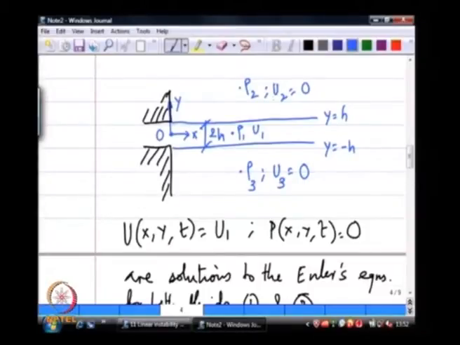In fluid 2, as y tends to plus infinity, the pressure field has to vanish. In fluid 3, which is below the liquid sheet, I insist that as y tends to minus infinity, the pressure field has to vanish.